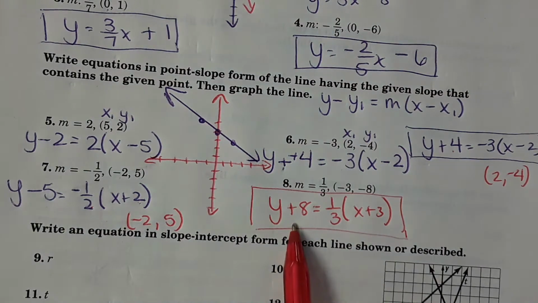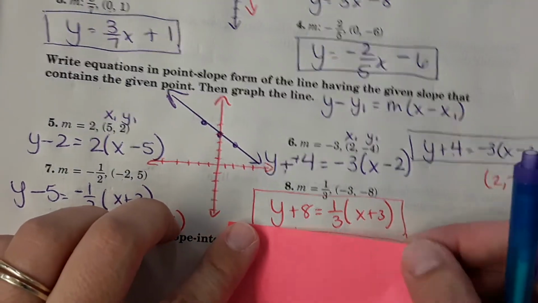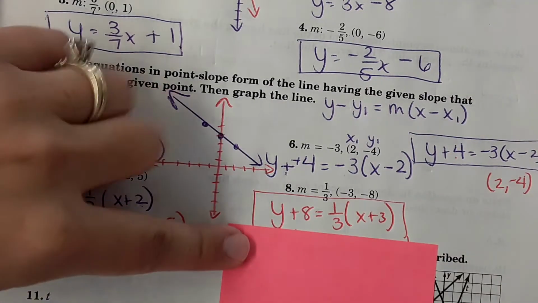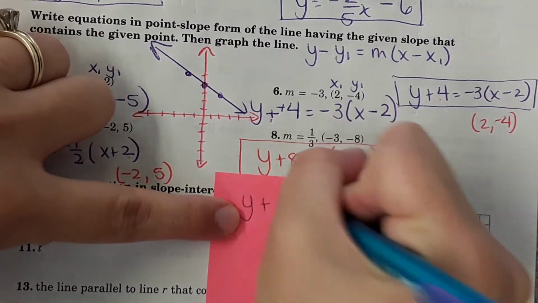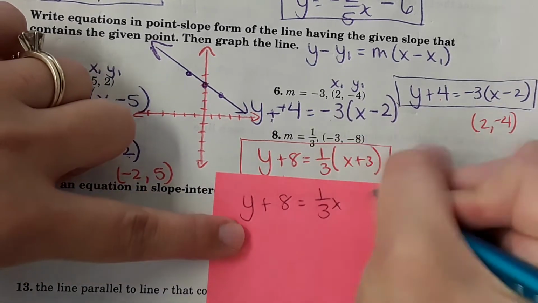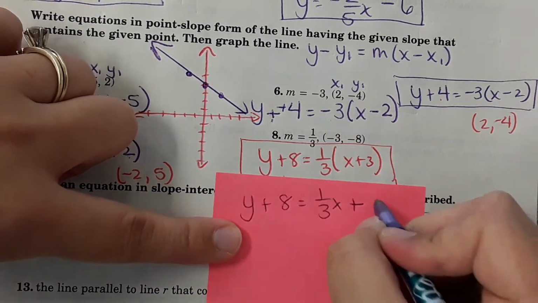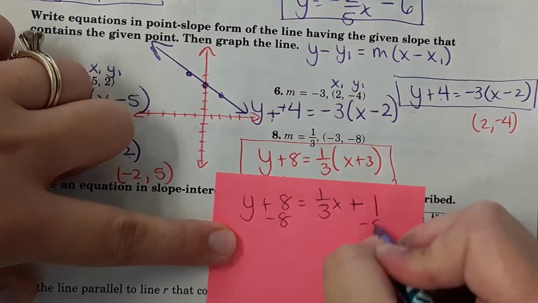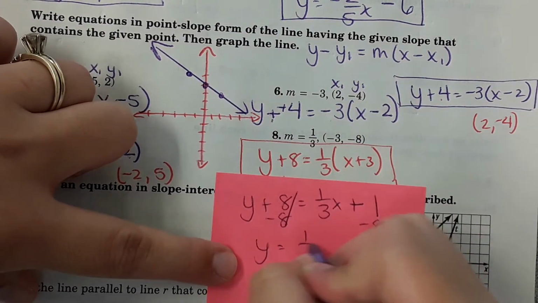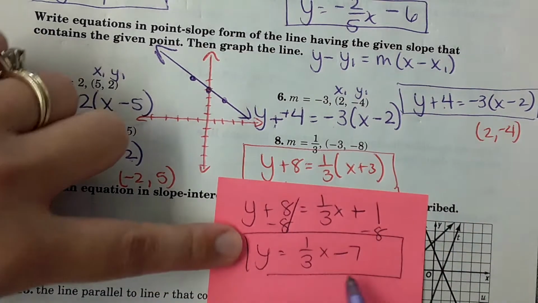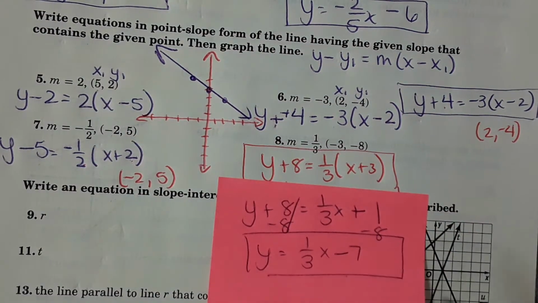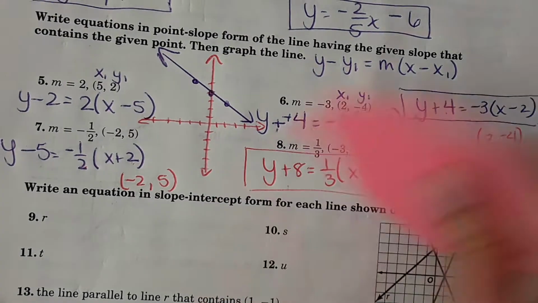And again, if you needed to, you could rearrange that and make it in y-intercept form. For example, for number 8, if I was to distribute that 1/3 to get 1/3 x plus 1, subtract 8 from both sides, you get y equals 1/3 x minus 7.